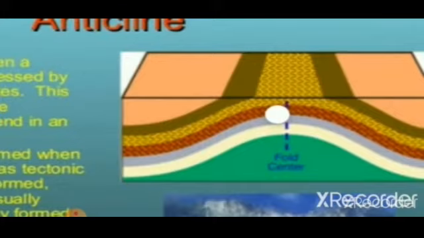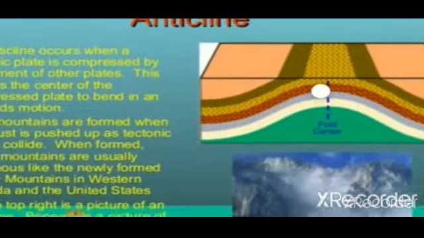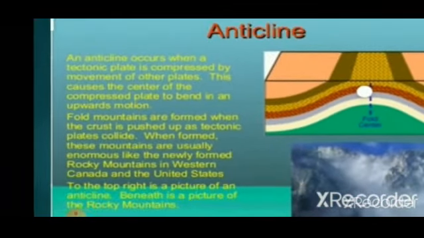How it happens, for example: you can take a copy and give pressure from both sides, and you can see the middle portion rising up. Like that, when the earth's internal pressure is applied from both sides, the middle portion, which we can consider a weak portion, usually rises up, and that is called an anticline.